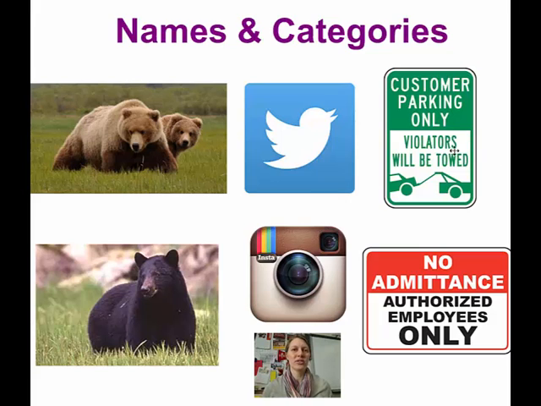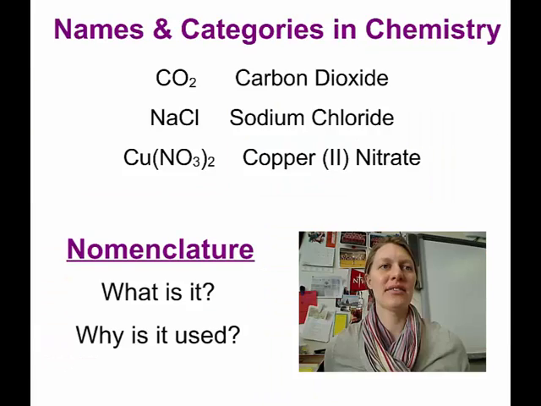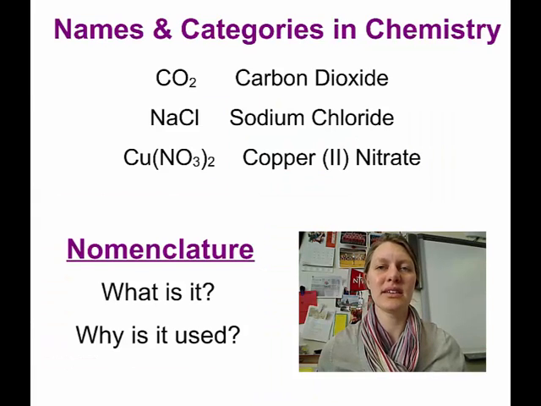And then also as you're driving and you see various signs with where to go, or on doors of buildings, if you're trying to get in somewhere, you know who employees are and you know who customers are. That category tells you if you can or can't go there. In chemistry, we have similar things with names and categories. Here you see some examples.